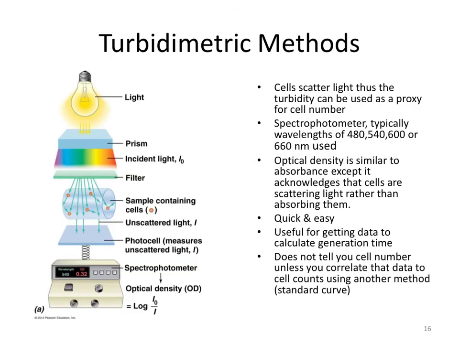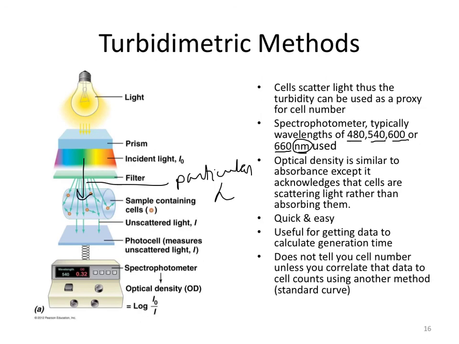So in turbidimetric methods, we use a spectrophotometer. We take light and we shine it through a prism and a filter system, and that allows light of particular wavelengths to pass through a sample. The light that's coming through here is of a particular wavelength. And the wavelengths most commonly used for this purpose are 480, 540, 600, or 660 nanometers.